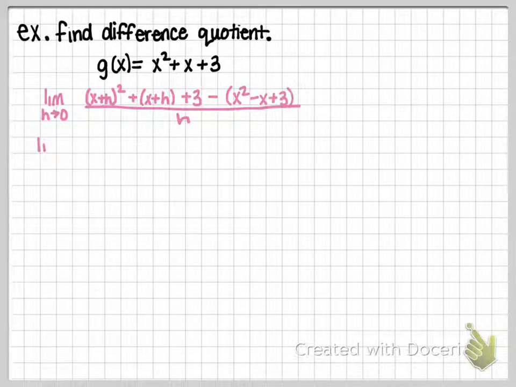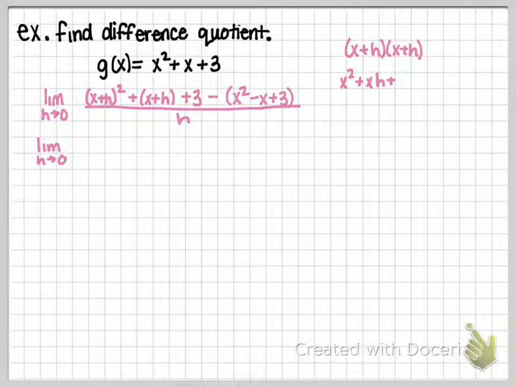So then we'll go through and we'll start simplifying. So I'll have the limit as h approaches 0 of, and this is going to get a little bit long, but that's okay. Now when I go through and I actually multiply out x plus h times x plus h, when I distribute on through, I end up with x squared plus xh plus xh plus h squared.